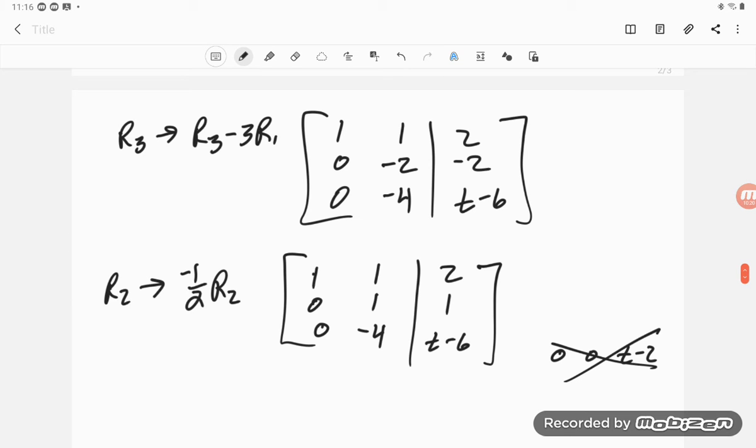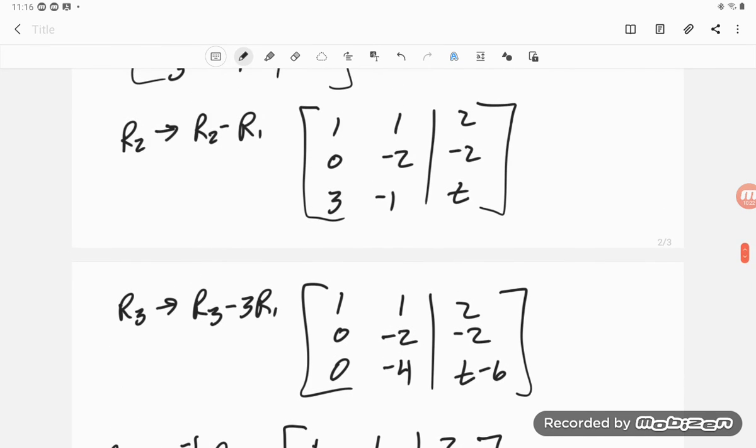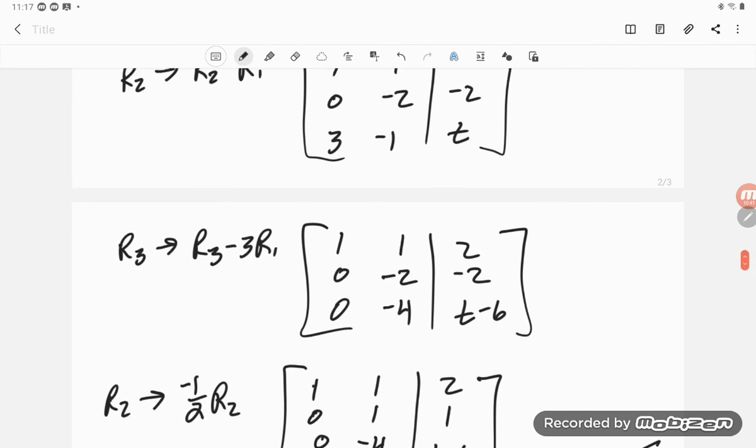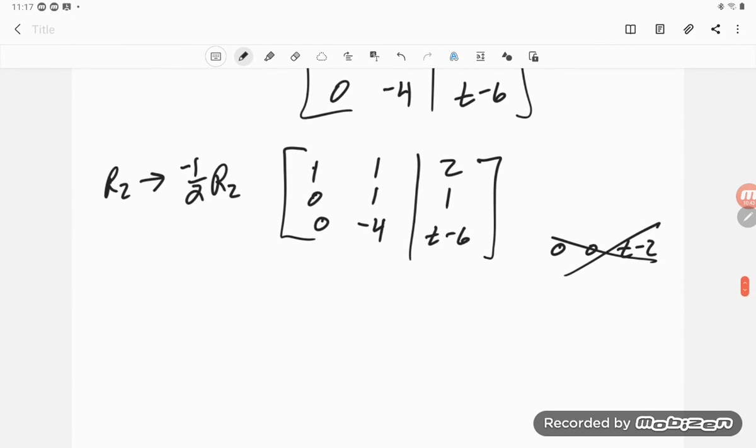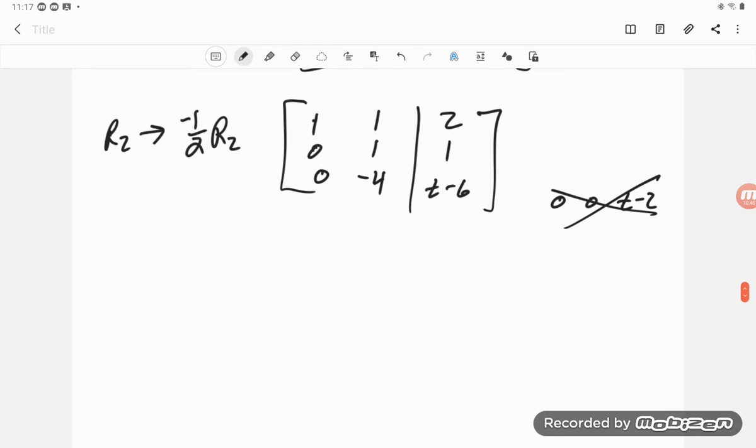Did I do that right? When I subtract 3 of these top rows here, then I get 3 times 2 is 6, but I subtract, so that's negative 6. Yeah, I'm pretty certain I've got that right. And so I think they messed stuff up.